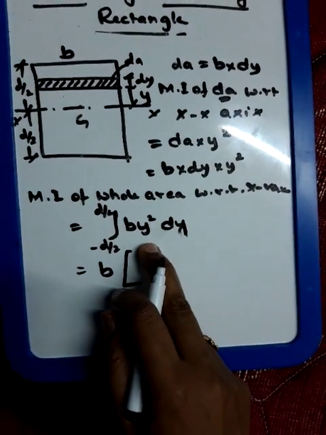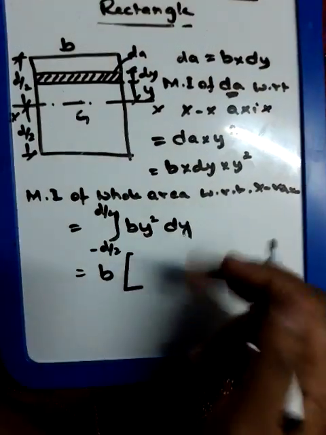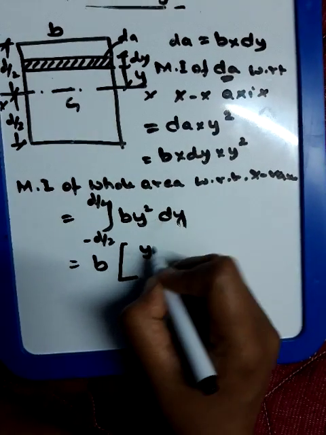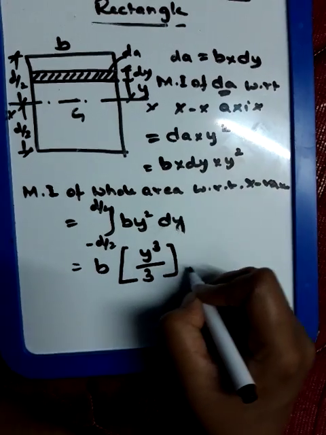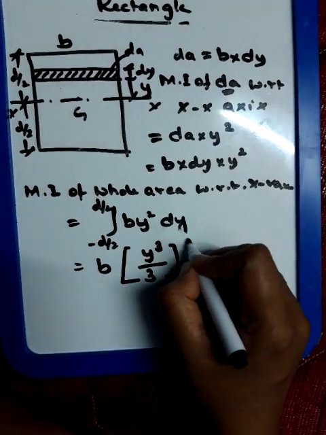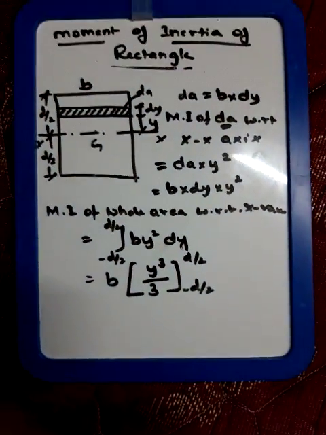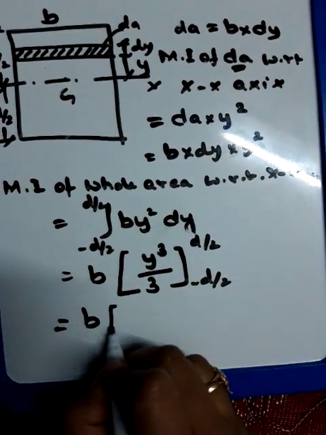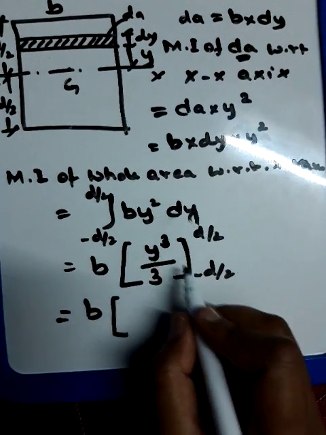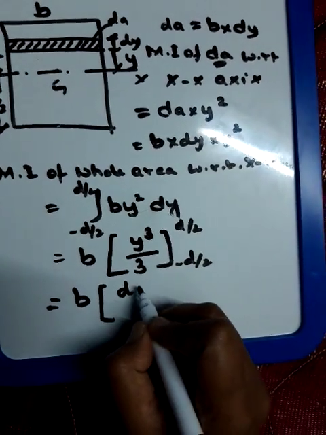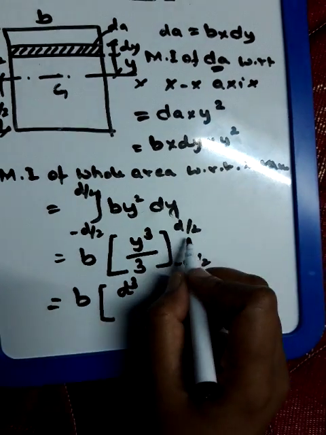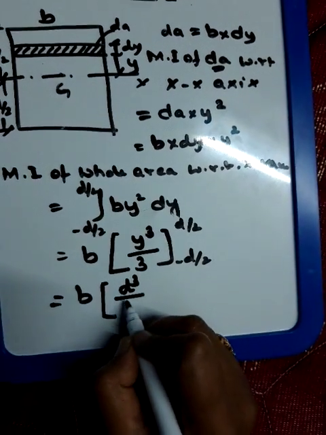So the integration of y square would be y cube divided by 3, from minus d by 2 to plus d by 2. Just apply the limits here. For the upper limit d by 2, you get d cube divided by 2 cube, so 8 is 24.